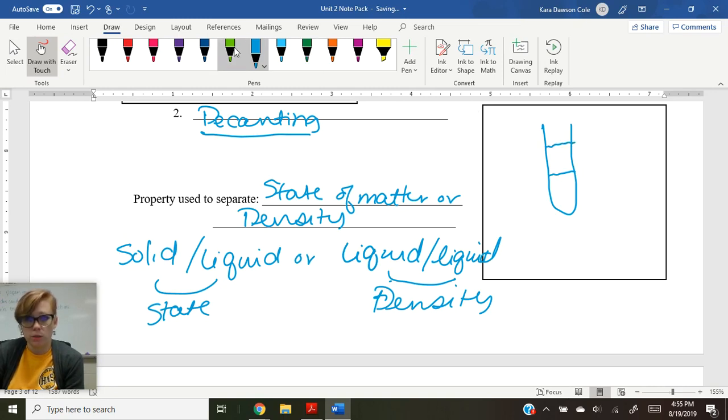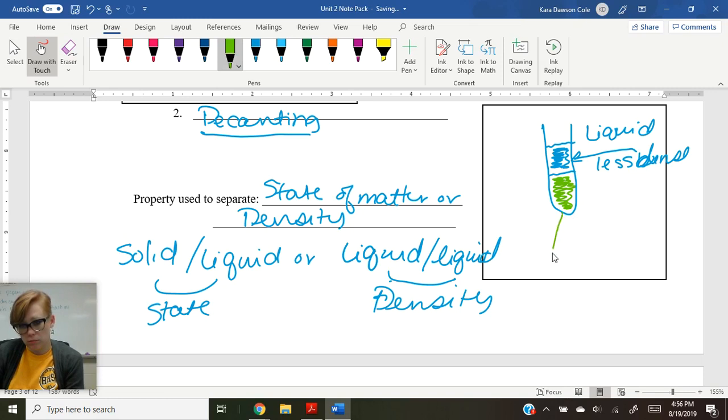So we've got two different liquids, and I can color these different colors. This liquid is less dense, and then on the bottom, we're going to have the more dense liquid.